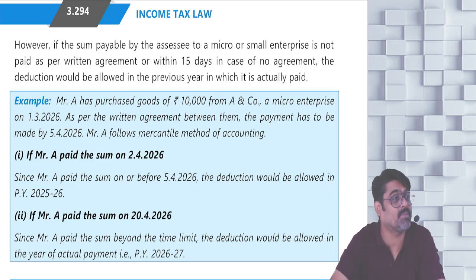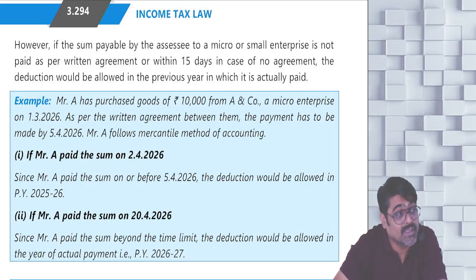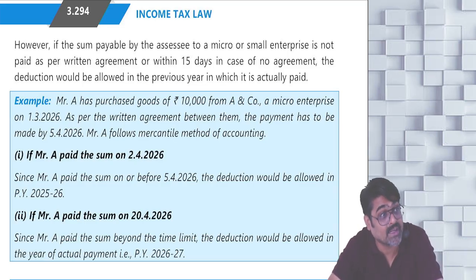Total investment in the plant and machinery in the business of A and Company is 2 crores. Turnover of A and Company is 6 crores. They will not directly say that it is a micro enterprise. They are going to tell you these details. Looking at these details, you should come to know that A and Company is a micro enterprise.